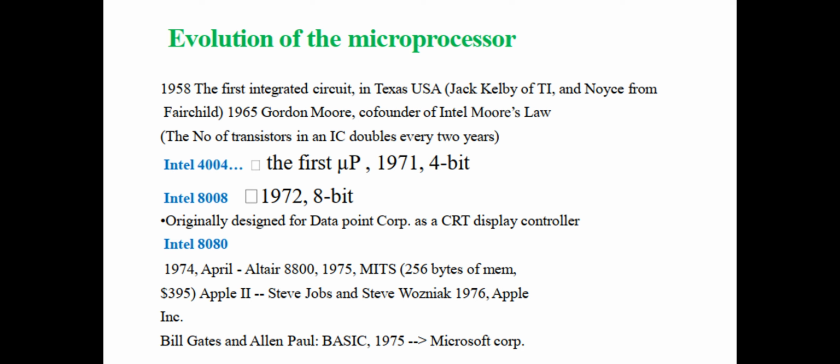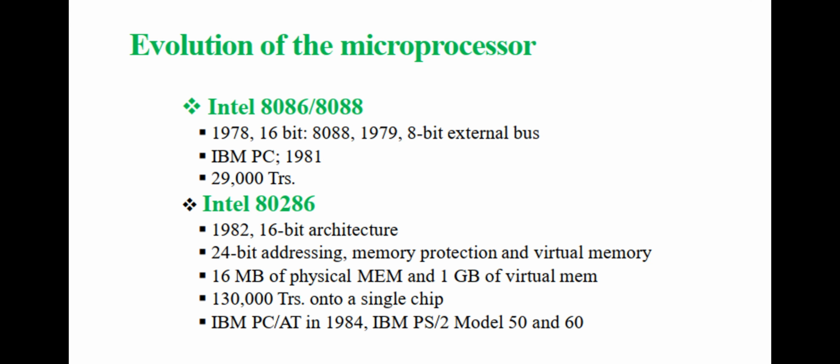Microsoft Corp. Computer architecture and organization. Evolution of the microprocessor: Intel 8086/8088, 1978, 16-bit. The 8088 had an 8-bit external bus, with BASIC. 1981, 29,000 transistors. Intel 80286, 1982, 24-bit addressing, memory protection and virtual memory, 16 MB of physical memory and 1 GB of virtual memory. 130,000 transistors, on a single chip.